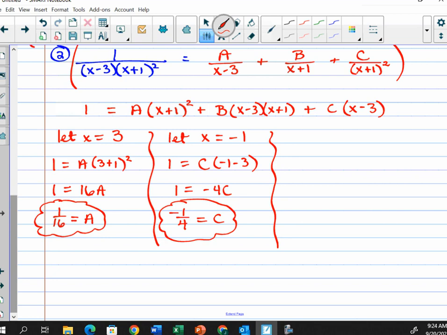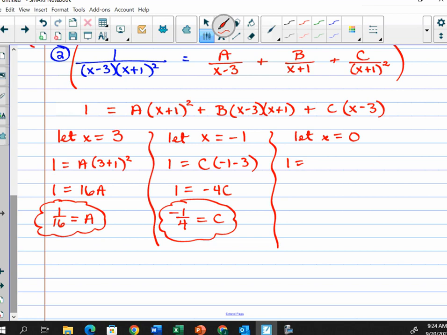Now we've run out of things to plug in that are obvious from our equation. So what else is easy to plug in? 0. Let x equal 0. All right, so I'm going to have a 1 on the left. Okay, this is where the a and the c that we've already found, we have to also plug those in.